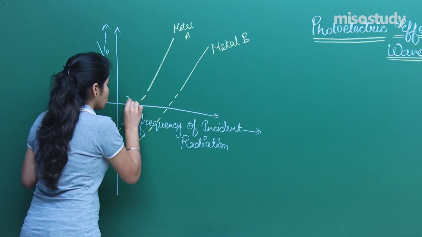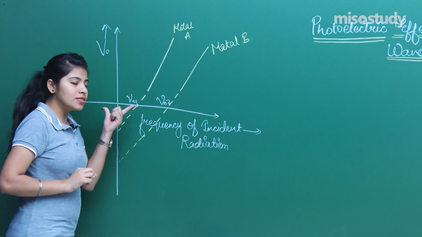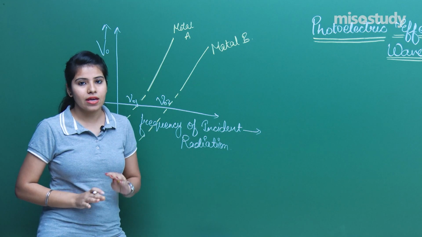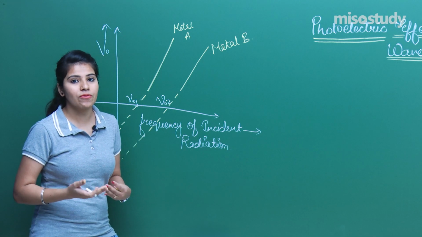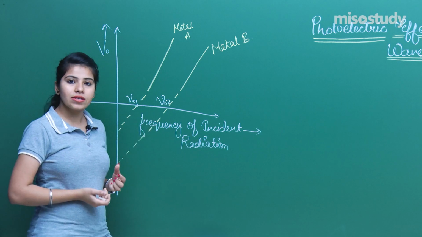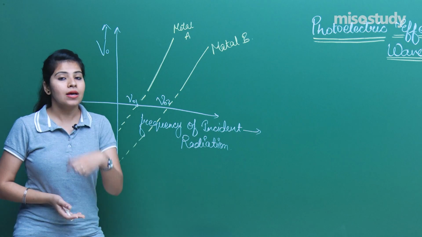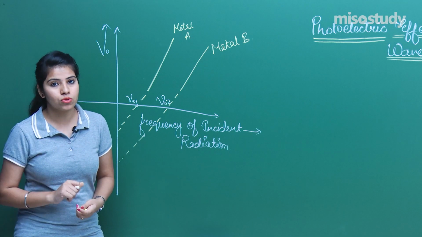So this is nu naught 1 and this is nu naught 2. These nu naught 1 and nu naught 2 are the threshold frequency. I don't remember if I have introduced the term threshold frequency before you or not. So we have learnt about the threshold frequency. This is that minimum frequency below which there will be no emission of photoelectrons.